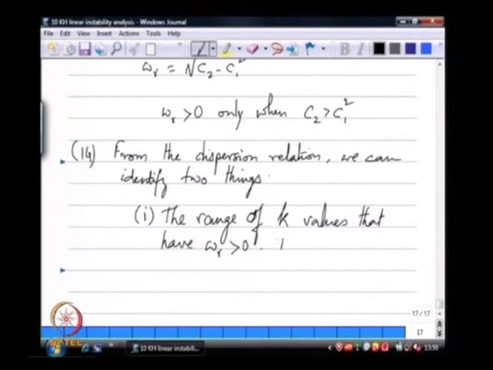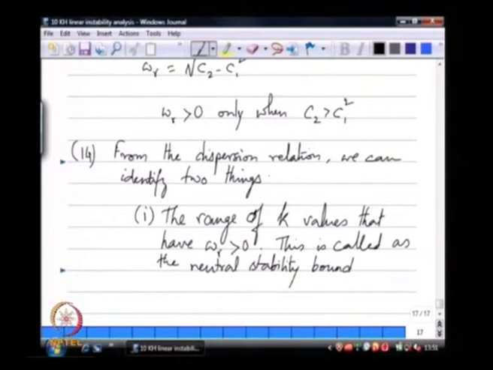This is called the neutral stability bound. So, you are establishing the bounds of k values where the growth rate is exactly 0, or you are establishing the range of k values that have positive omega r.